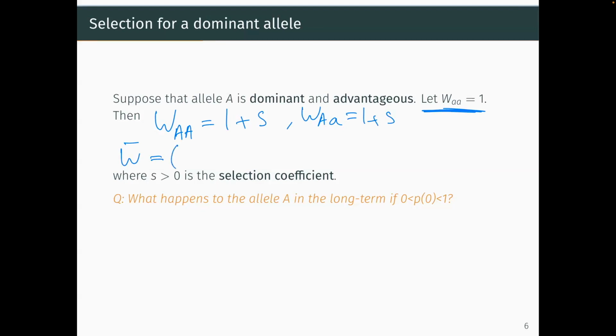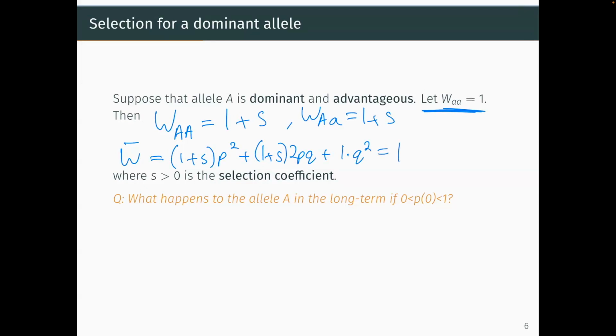So the average fitness here is going to be the fitness of our first genotype, big A big A, 1 plus s, times p squared, its frequency. And then we have 1 plus s times 2pq. 2pq is the frequency of our heterozygous individual, and it has fitness 1 plus s. And then we have 1 times q squared. That's the fitness of our homozygous individual with the recessive allele times its frequency, q squared. And that should hopefully be relatively straightforward to see.